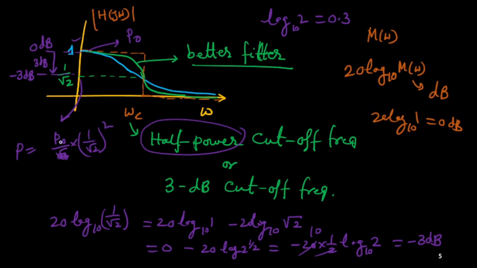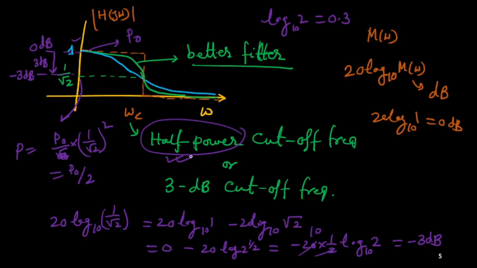This is the initial power multiplied by the power gain, giving the current power, so you get P0 by 2. This power becomes half of the maximum power P0 at frequency omega c. That's why it is called the half power cutoff frequency.